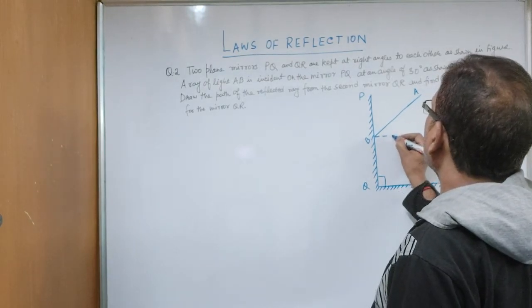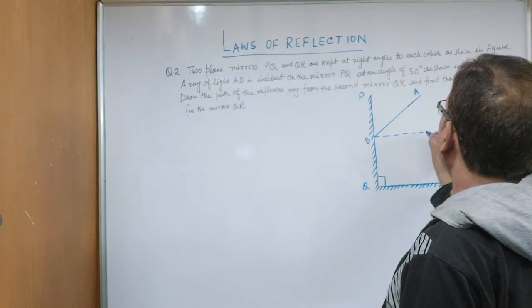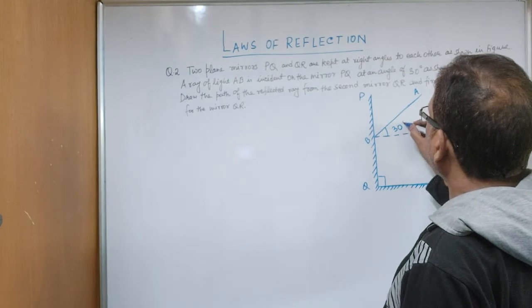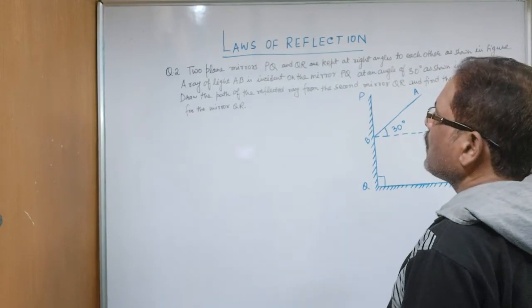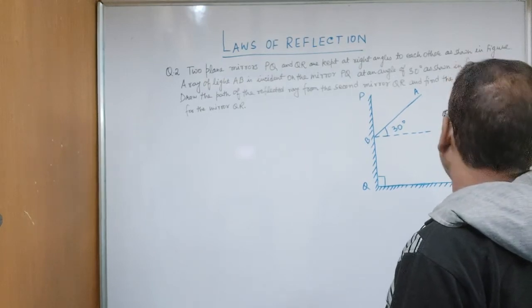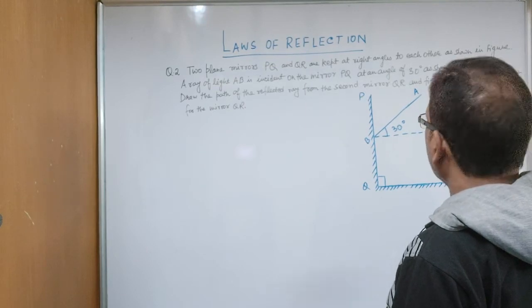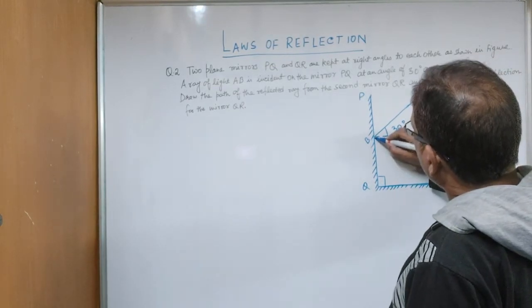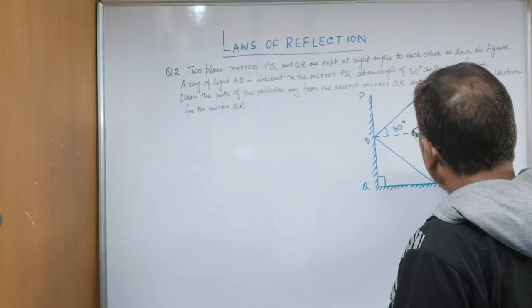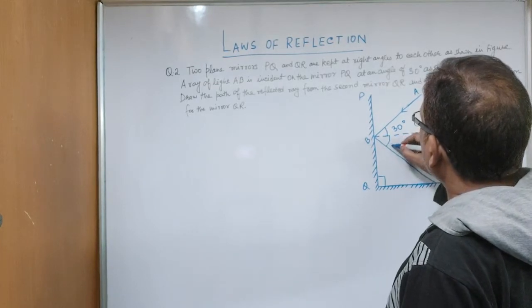So in the figure they have shown, after drawing a normal at point B, that this angle is 30 degree. Draw the path of the reflected ray from the second mirror QR and find the angle of reflection for the mirror QR. So this ray will reflect back by making the same angle. It means this angle is also 30 degree.